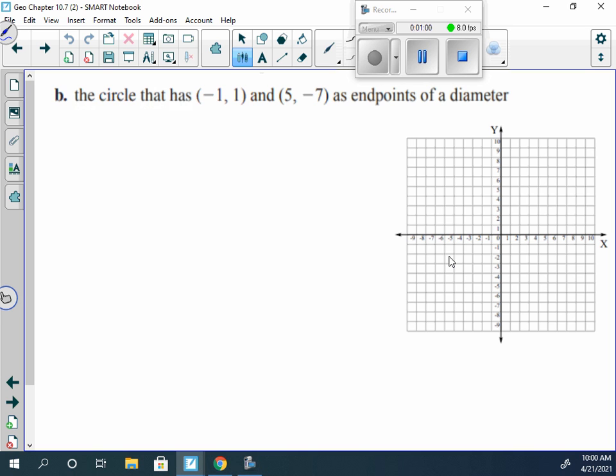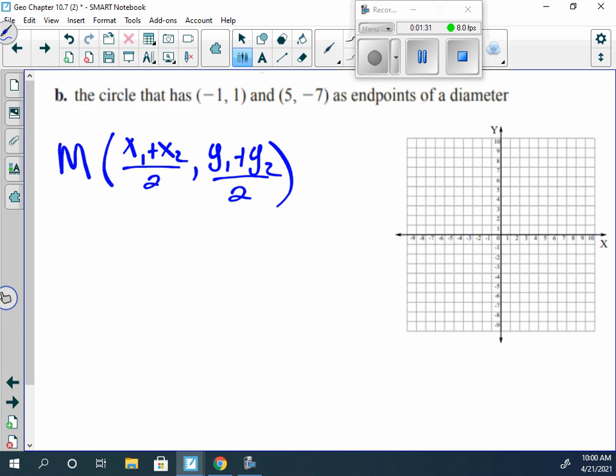So to find the center, we can use our equation for the midpoint, which is x1 plus x2 divided by 2, and y1 plus y2 divided by 2. The midpoint formula will be what we use to find the center of the circle.